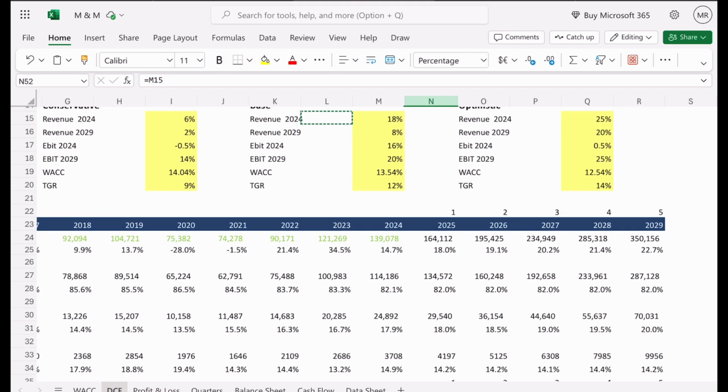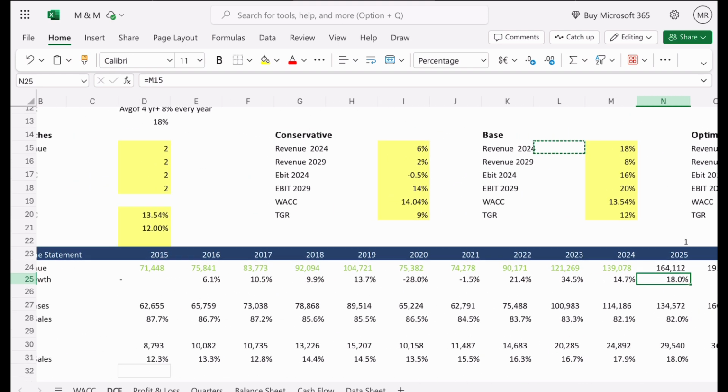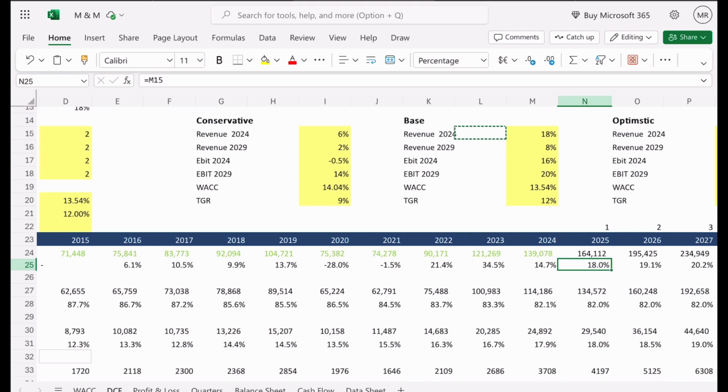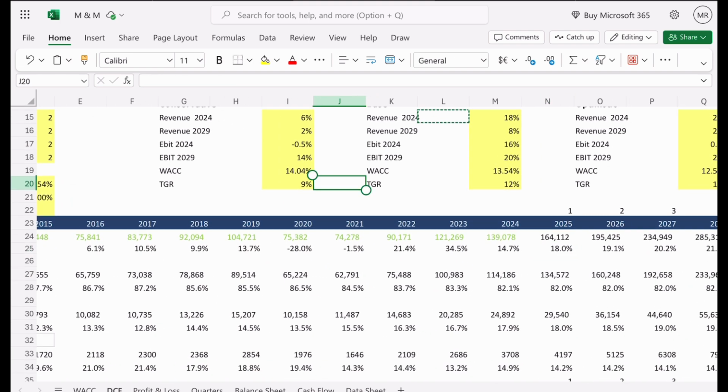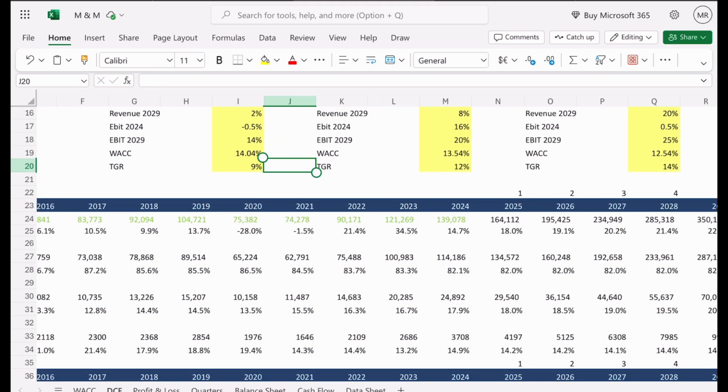What I have done is kept a constant growth rate, because in recent years it's been very fluctuating. In COVID it dropped, next year it went up because they launched their new Mahindra Thar, so the sales went up, and since then it's been quite volatile, 21, 34.